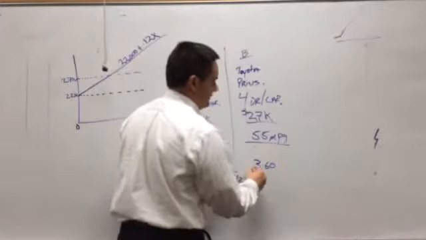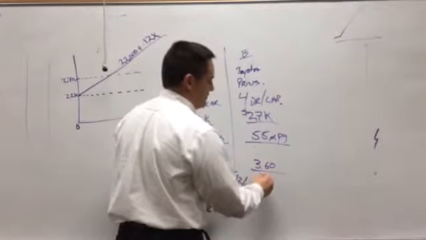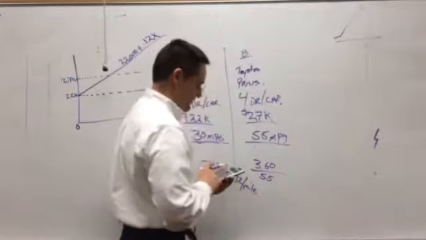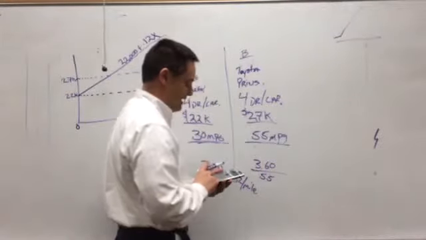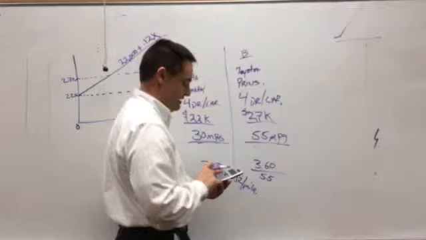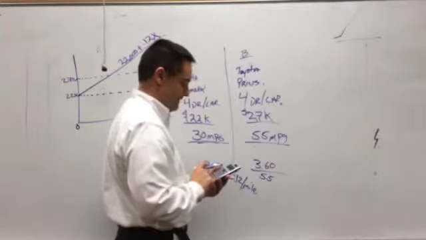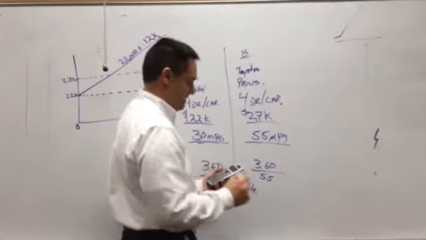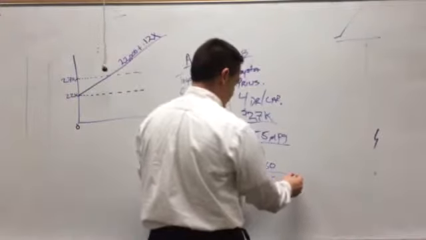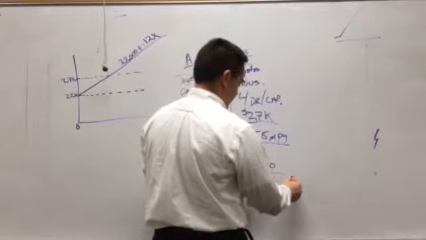Take $3.60 per gallon, and we divide it by 55 miles per gallon, so $3.60 divided by 55, and we get a little over 6 cents.